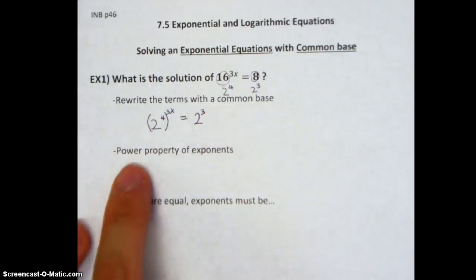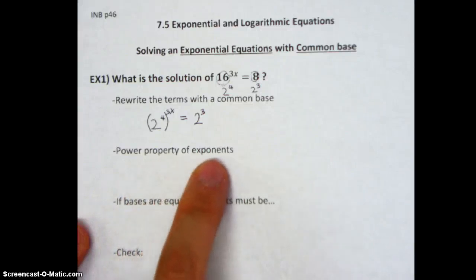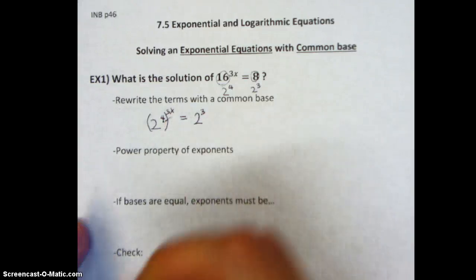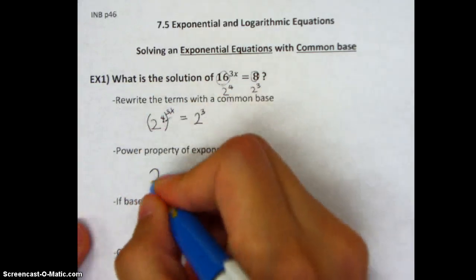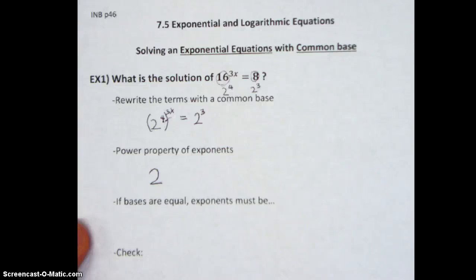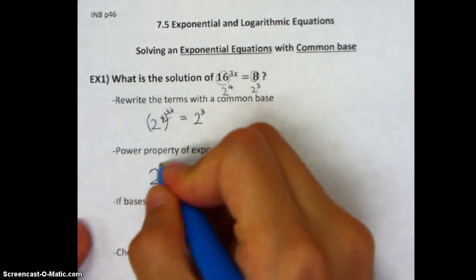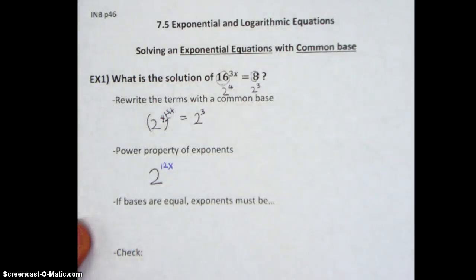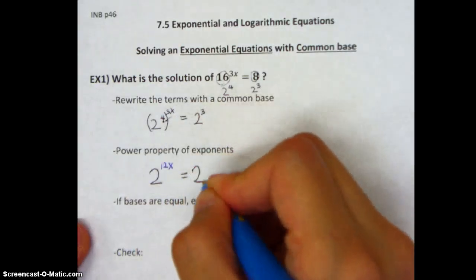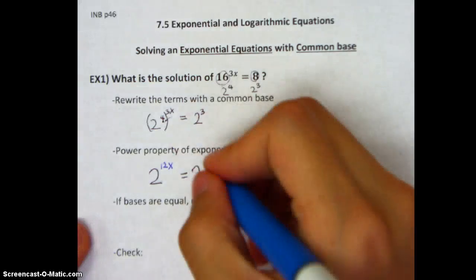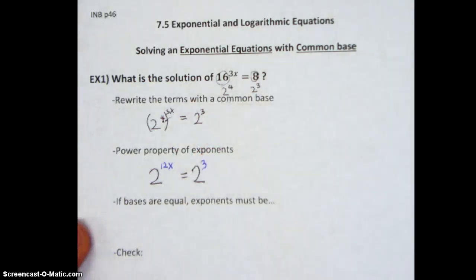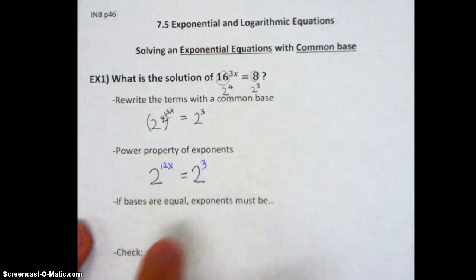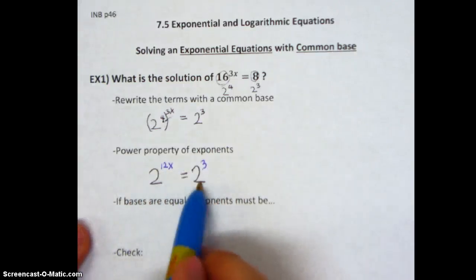Now we just use the power property of exponents. When you have an exponent in parentheses raised to another exponent, you just multiply these two. So you will get 2 to the power of 4 times 3x, which is 12x, is equal to 2 to the 3rd power. Notice that the left side is equal to the right side, and the bases are equal.